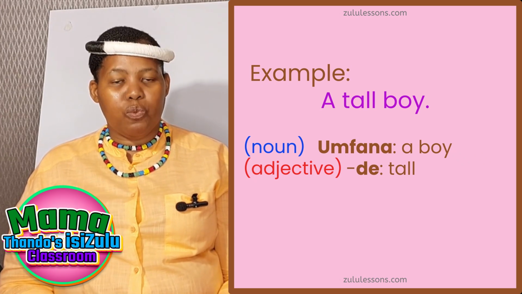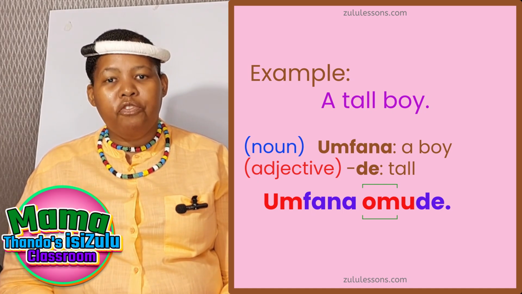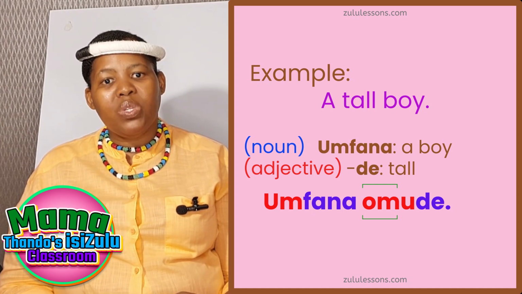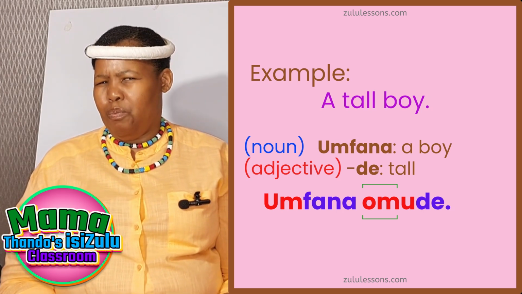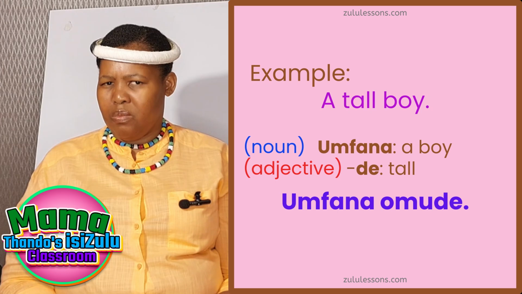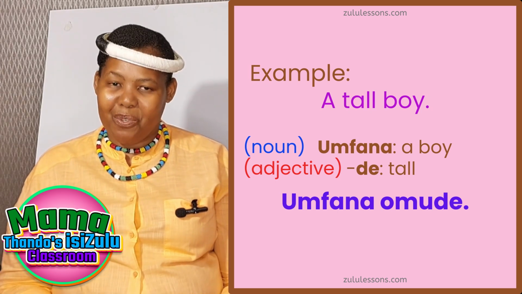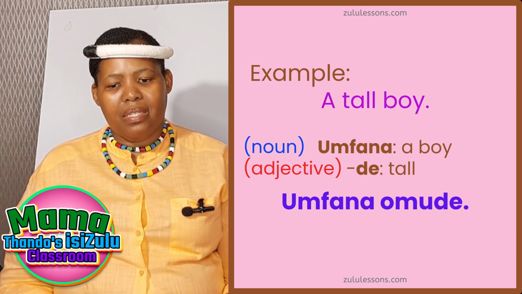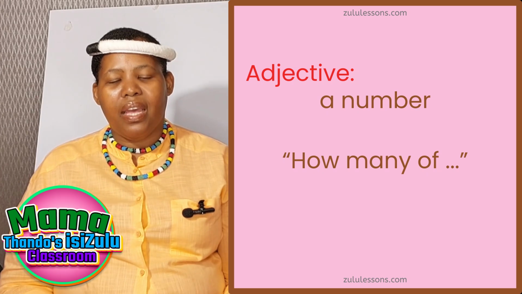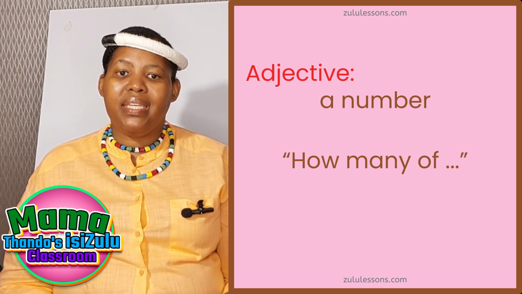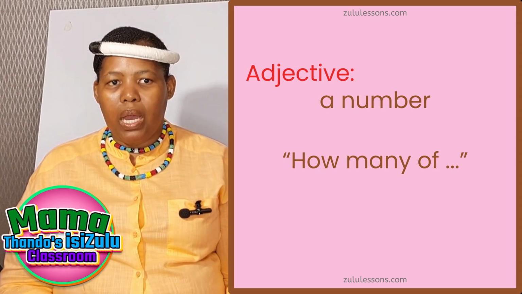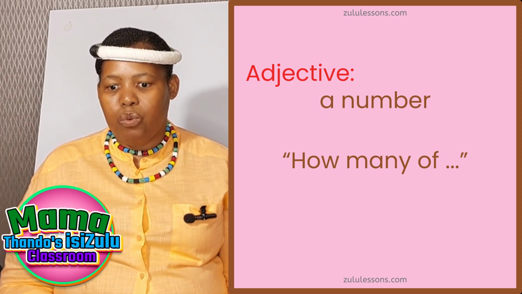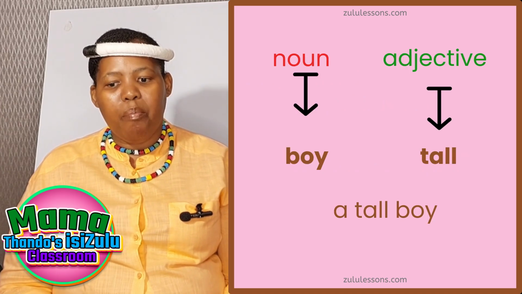And so this is what you have. Umfana omude. But wait, what is that omu? Well, we are getting to that. In this specific lesson, the adjective will be a number because we are describing objects or nouns by the number.